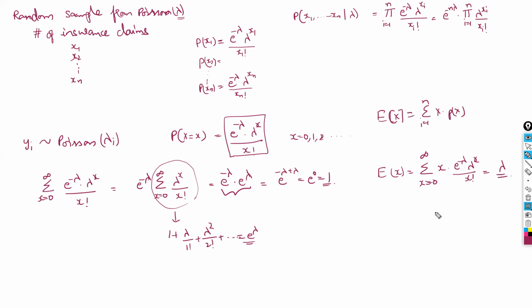And when you solve it, you ultimately get lambda. So the expected value of yi, if you look at this, is nothing but lambda. And here, the variance of this is also equivalent to lambda. If you solve, you will get this ultimately.